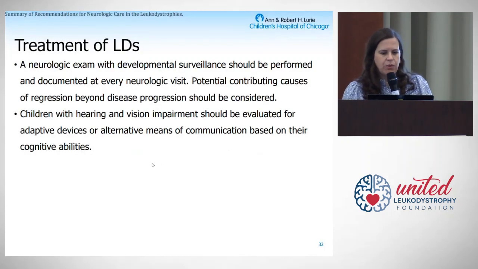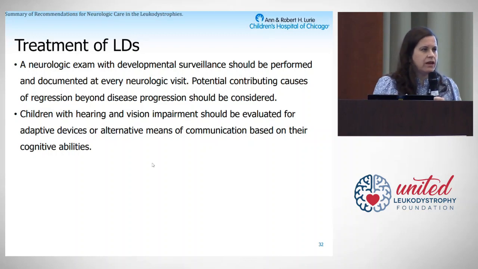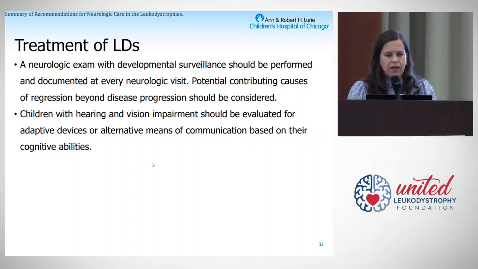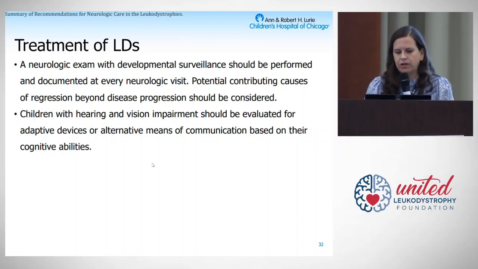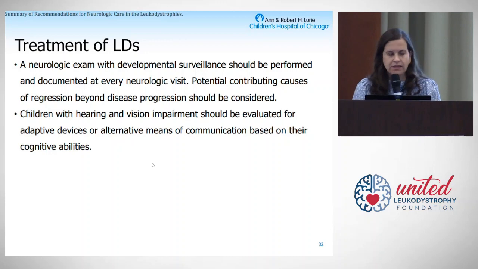Then we talked about continuing to assess kids' development. If there's regression or loss of skills, we should look for other potentially contributing causes, like nutrition and seizure burden, and not necessarily assume it's from disease progression. Children with hearing and vision impairment should be evaluated for adaptive devices or other means of communication.